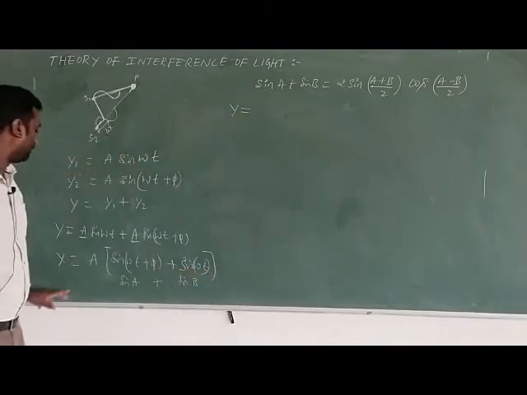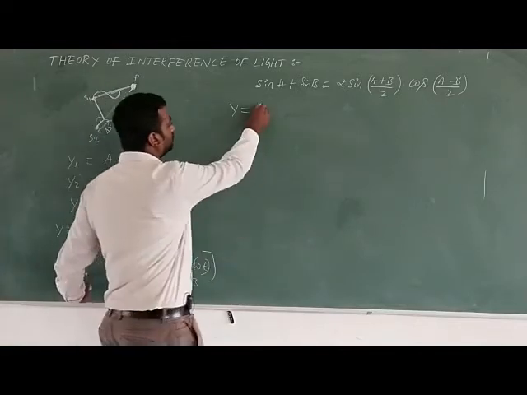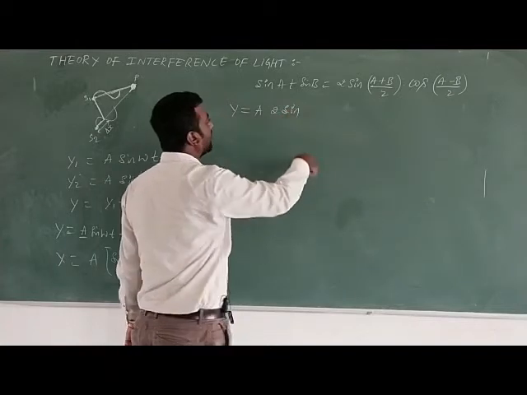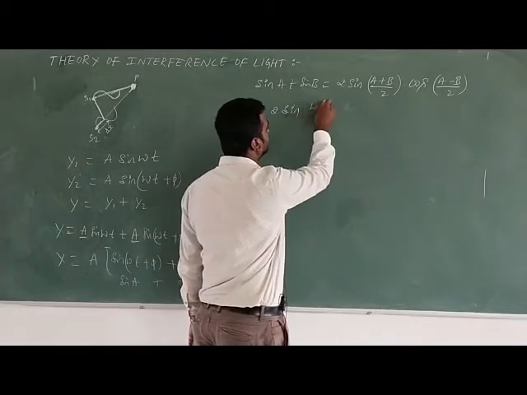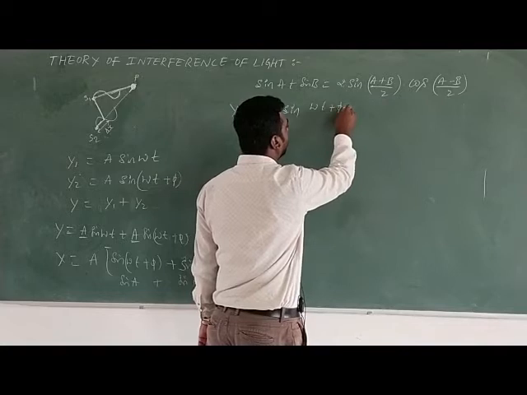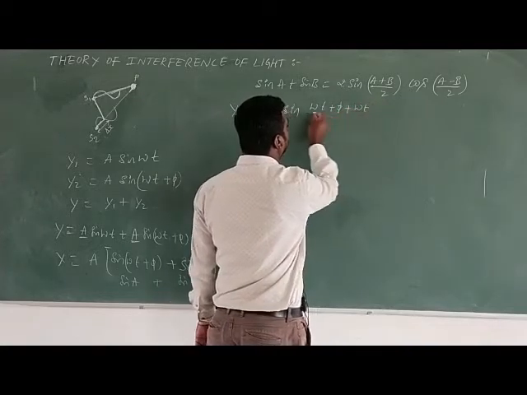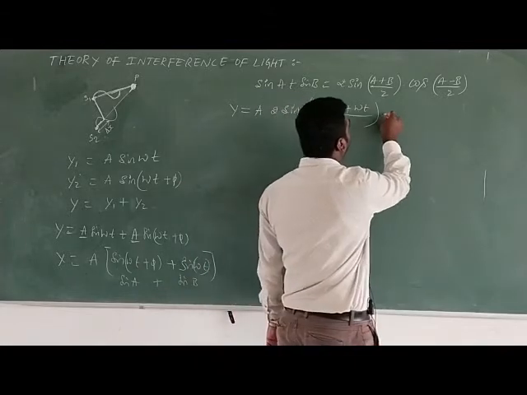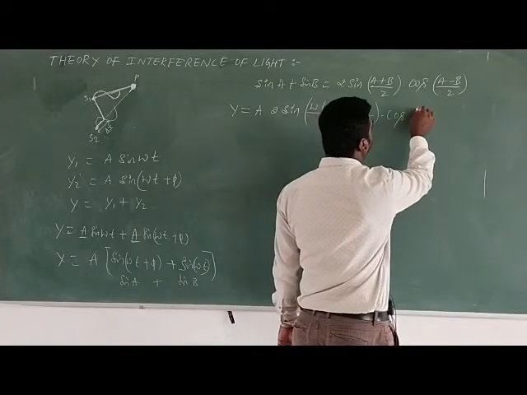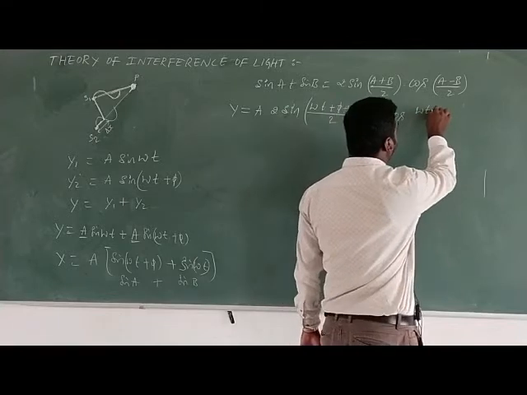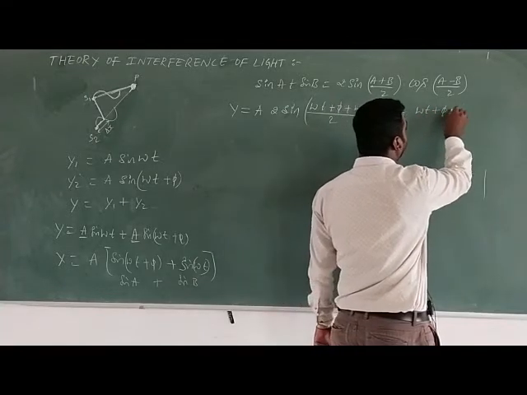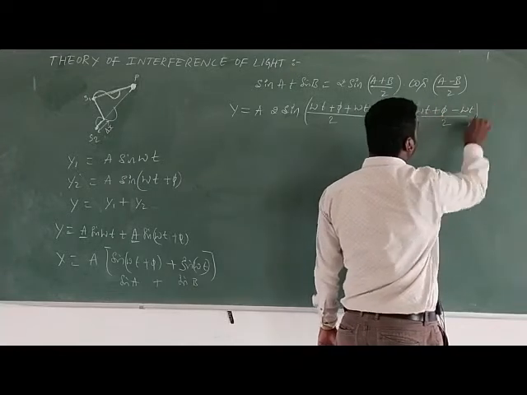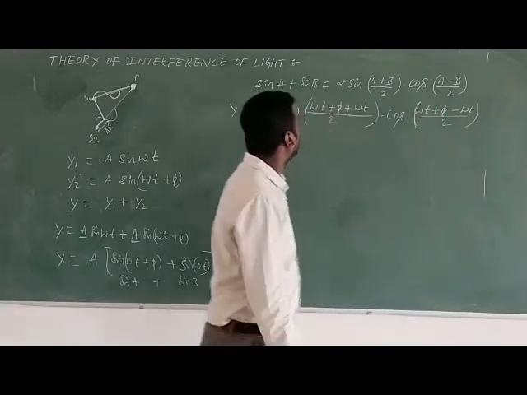Y is equal to a multiplied by 2 sin of (A plus B) by 2, that is (omega t plus pi plus omega t) divided by 2, multiplied by cos of (A minus B) by 2, that is (omega t plus pi minus omega t) divided by 2.